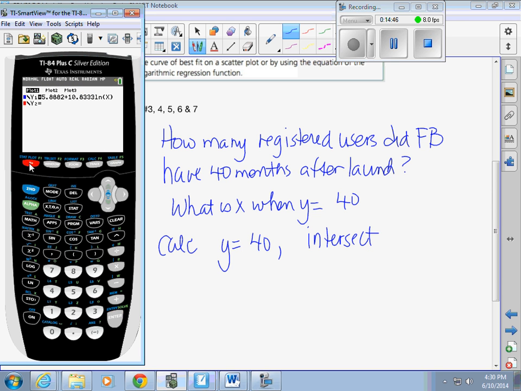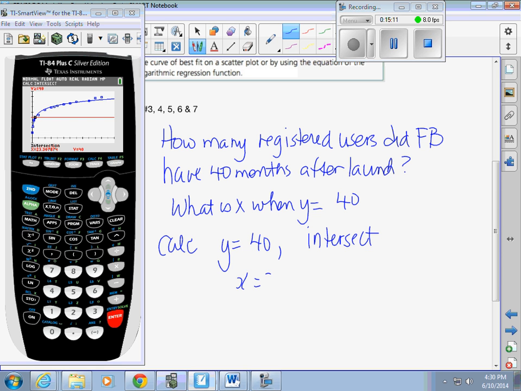So if I put y is equal to 40, graph it. I want to calculate intersect, so that's 5. So first graph, enter, second graph, enter, yes. And it tells you it's at 23.3. So 40 months in, so that's 3.5 years in, there were 23.3 million users.